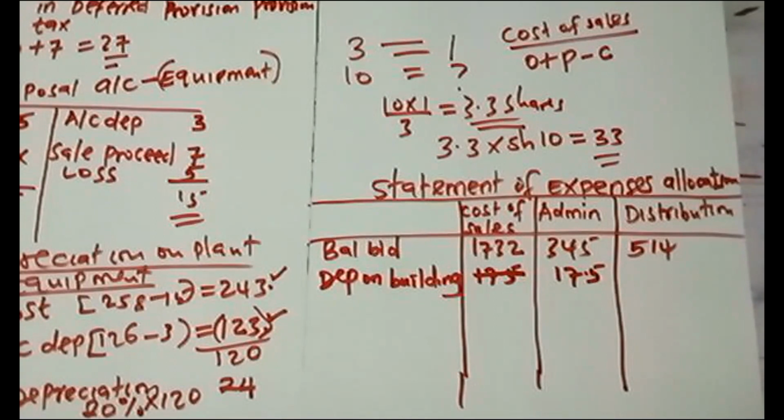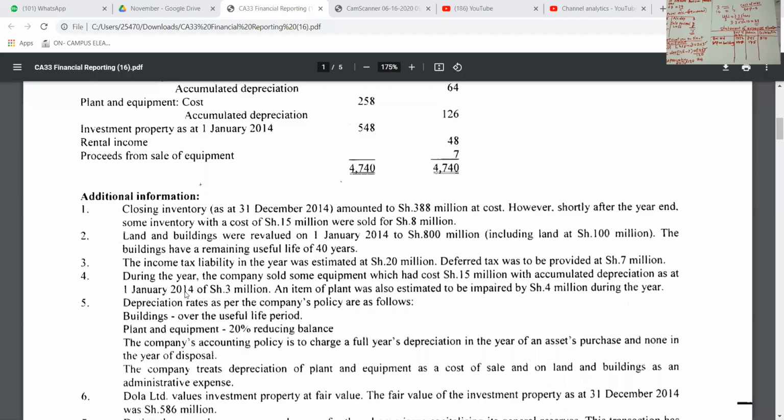That is good, they were very specific. Number 3, I have said, is concerning tax. So tax will be dealt with later. You pay tax after you have profit before tax. After you get your profit, you pay tax.